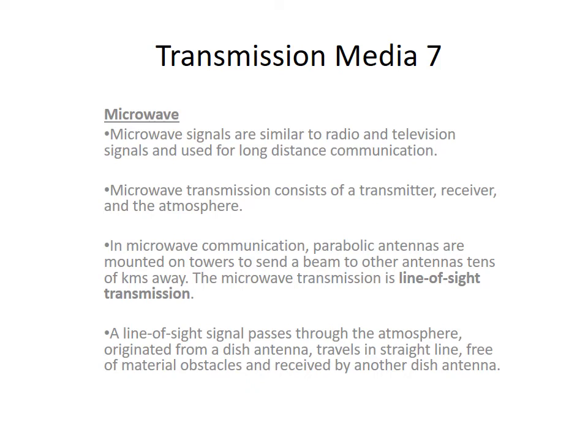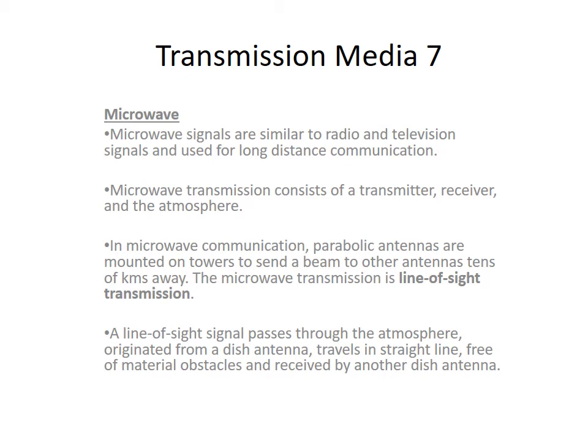Microwave transmission consists of a transmitter, a receiver and the atmosphere. In microwave communication, parabolic antennas are mounted on towers to send a beam to other antennas tens of kilometers away. The microwave transmission is line of sight transmission.